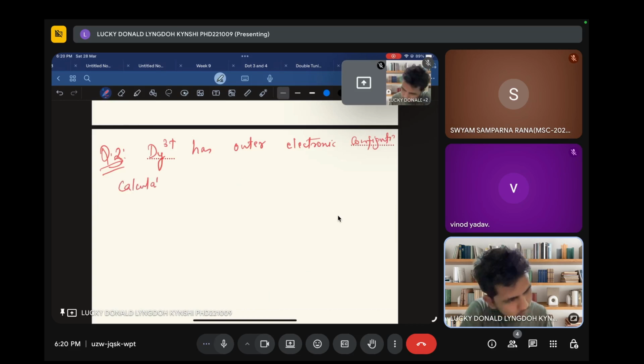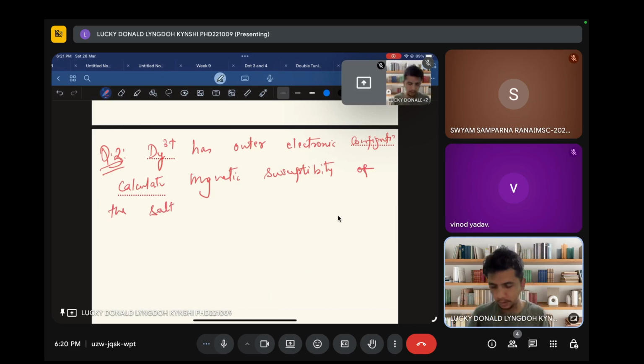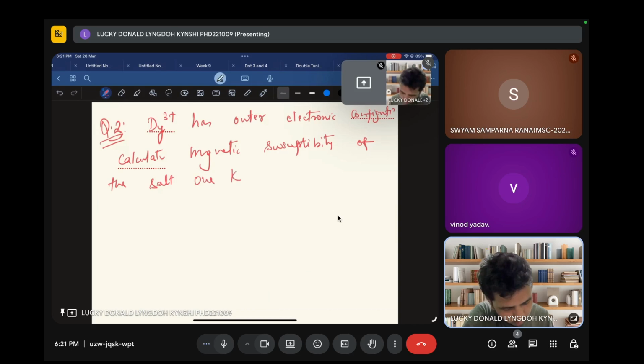Calculate the magnetic susceptibility of the cell, sorry, of 1 kg mole of Dy3+ ions at 300 Kelvin.